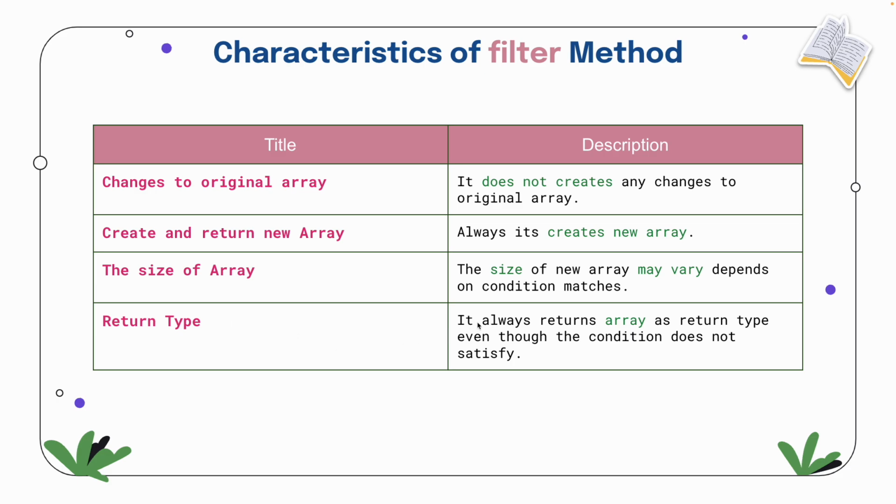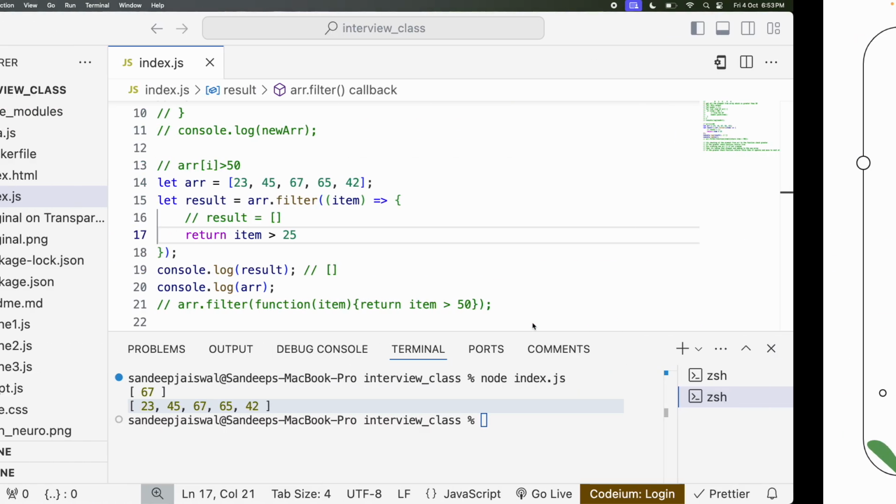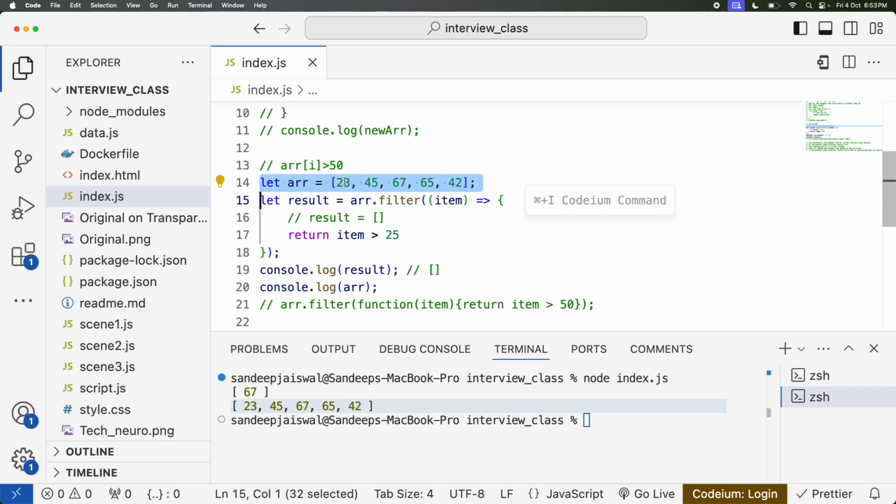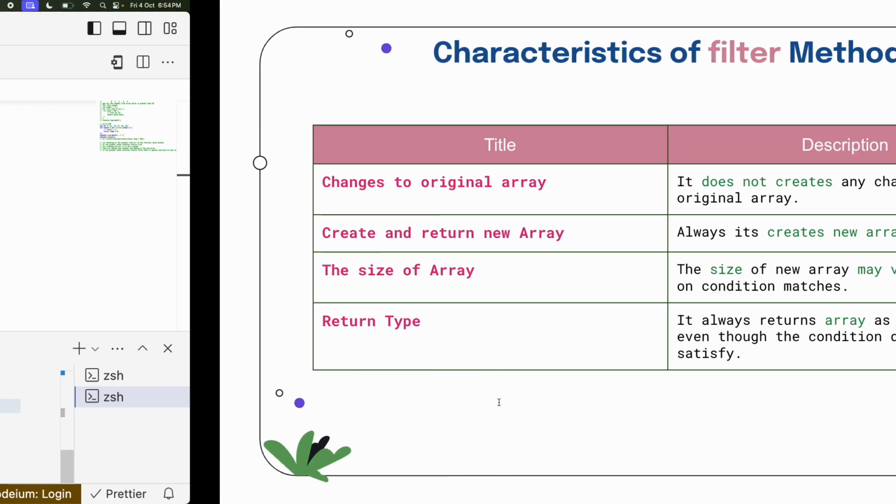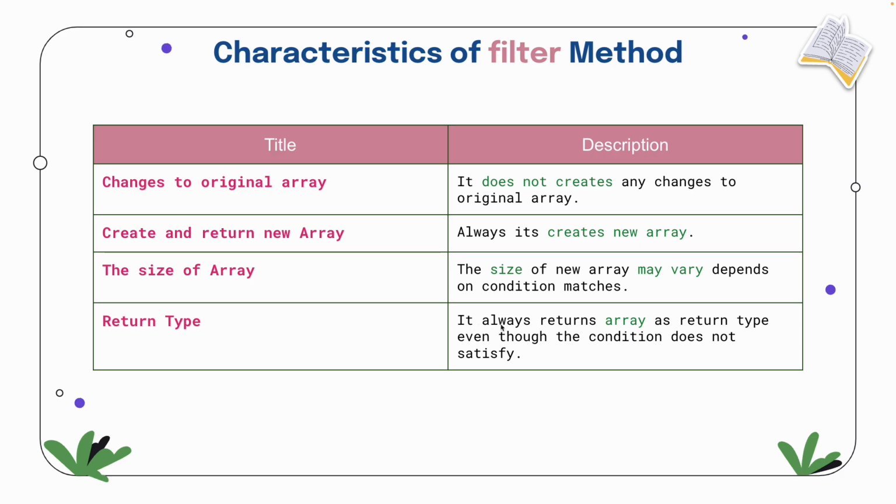Okay. Now next, return type. So the return type is that it always returns an array. As I told you, see, we did an empty array and then we checked it returns an empty array. We didn't satisfy any condition, but it was still creating an empty array, right? So in every condition, it's returning an empty array or an array, right? Always it's returning in array format only, no other type. So it always returns an array as the return type, even though the condition does not satisfy.